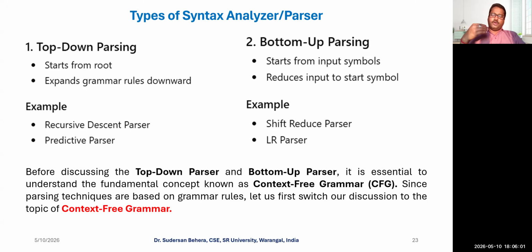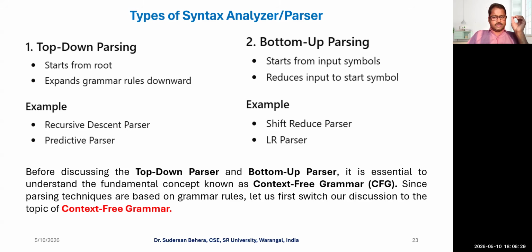Before we delve into the working principle of the top-down and bottom-up parsers, it is essential to know what context-free grammar is, because both parsers use context-free grammar in order to check the validity of the sentence.